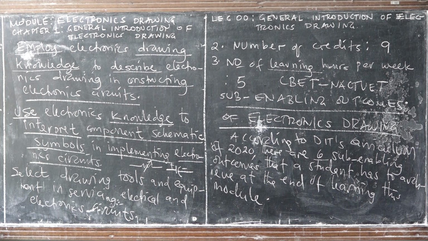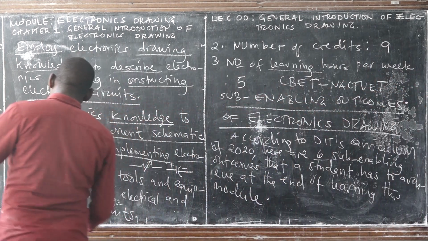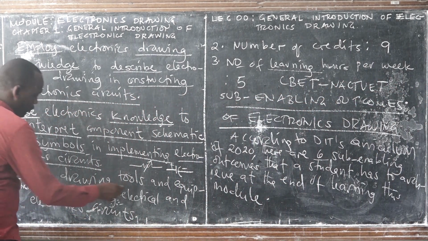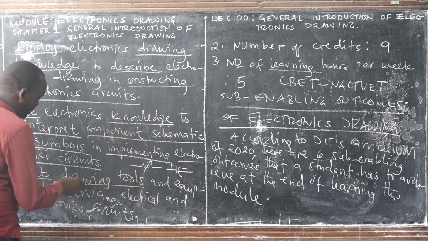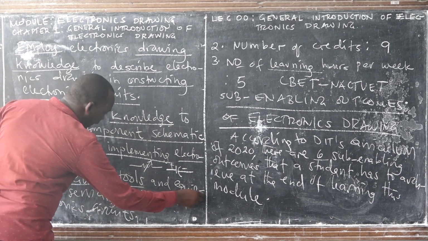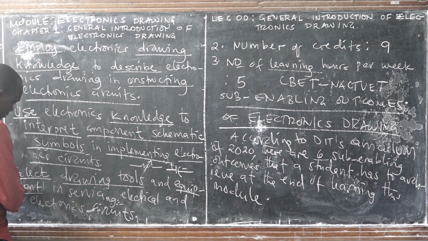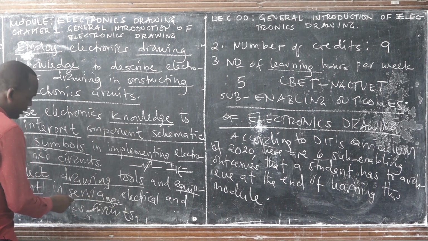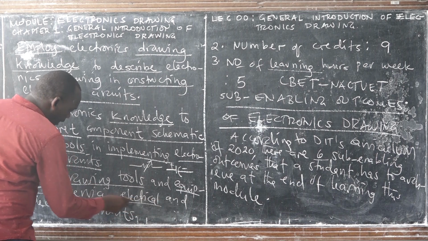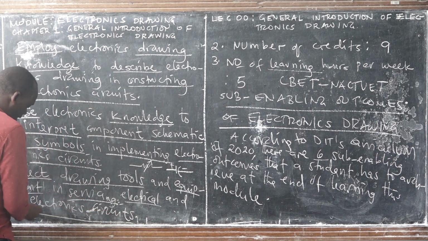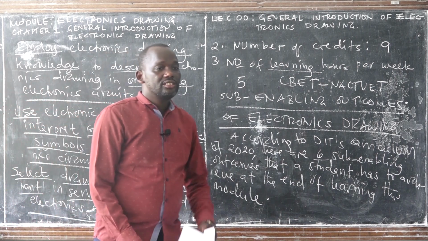So the third is the enabling outcome. A student should be able to select drawing tools, not any tools, drawing tools, and drawing equipment. Why? In order to learn how in servicing electrical and electronics circuits.